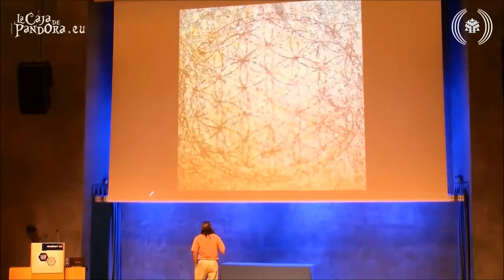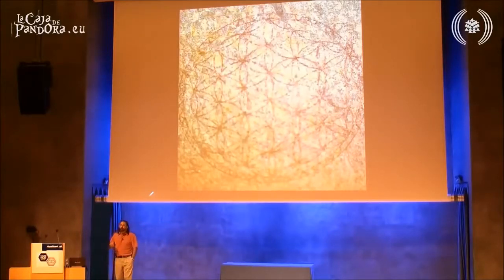Here's a close-up of this. Actually, now these pictures are more popular, but when I was researching this, it was extremely difficult to get those pictures. I actually had to send people over there to take the pictures. And the reason for not being able to find these pictures easily is because the archaeology community doesn't know what to do with this.